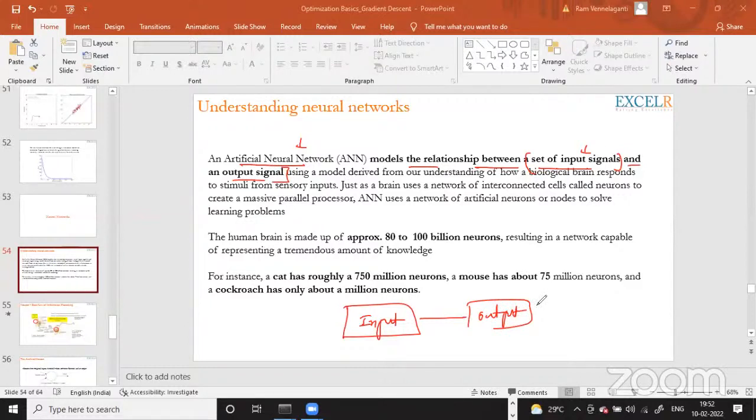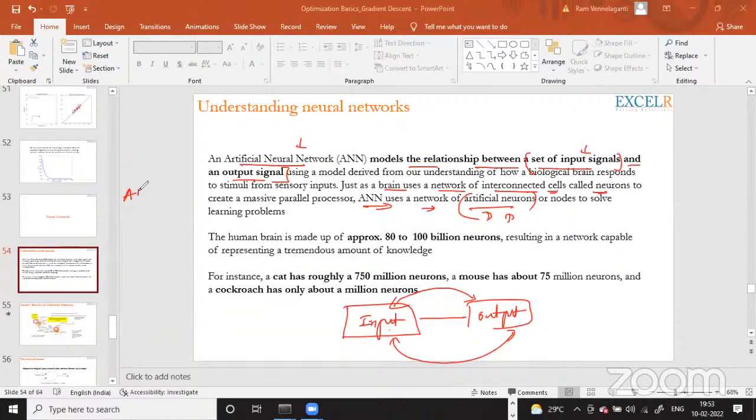Just like how your brain uses interconnected cells called neurons to establish a relationship between input and output, your artificial neural network also uses artificial neurons to establish the relationship between input and output.